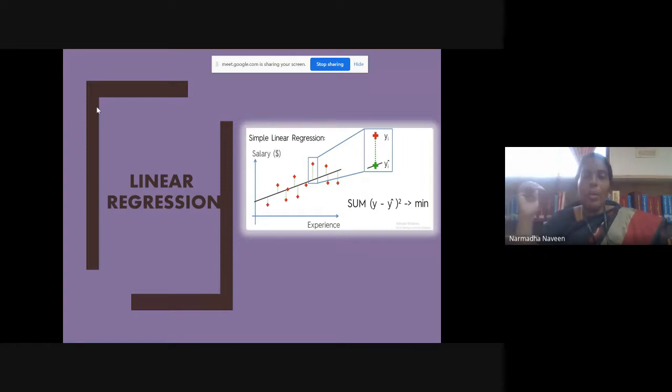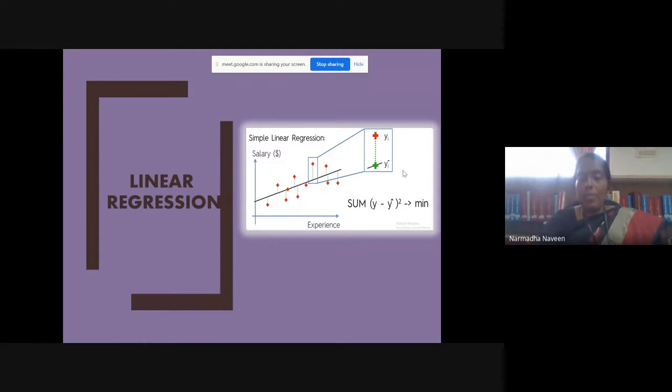How can this be done? By calculating the difference between the modeled value, or you can call it the predicted value, and the actual value. Say, for example, all those red data points represent the actual value. And the predicted value, this mathematical prediction, the best fit line, is given by this straight line, represented by the variable y cap.